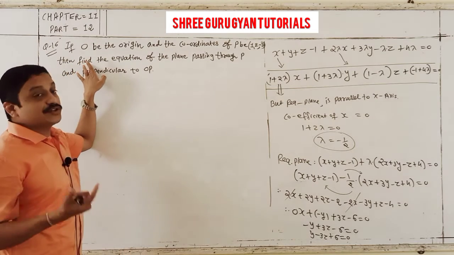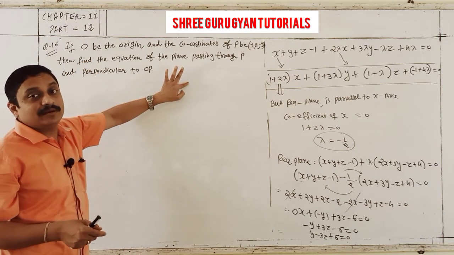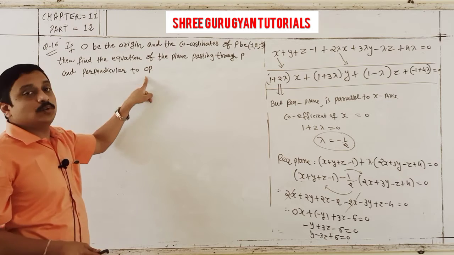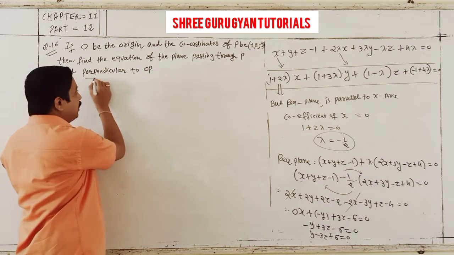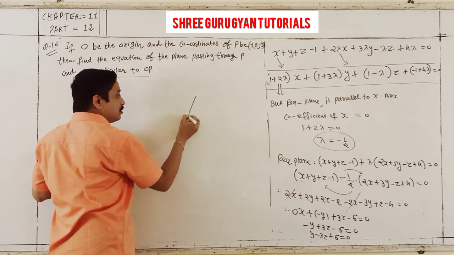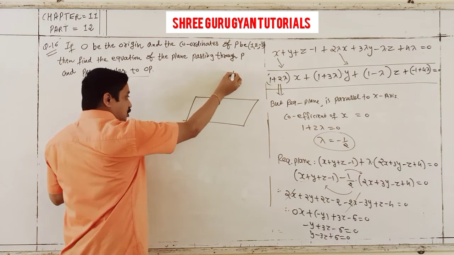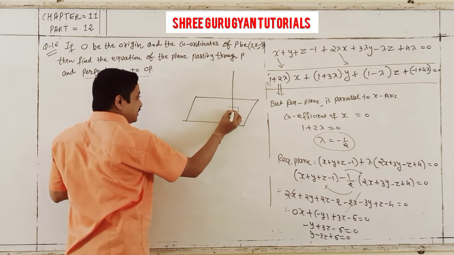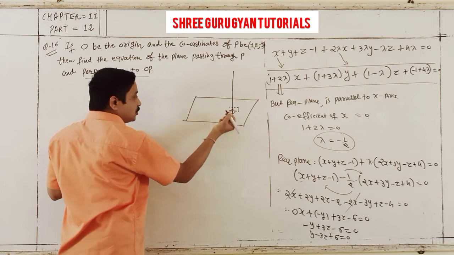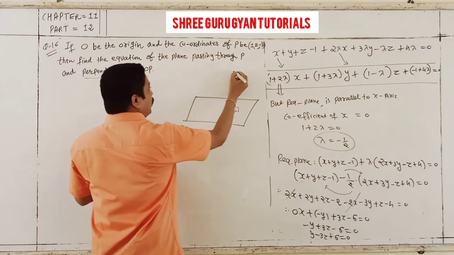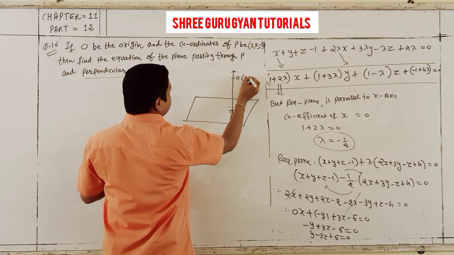Find the equation of the plane passing through P but perpendicular to OP. Perpendicular to OP means I just draw this as my required plane, perpendicular on it. P is here, a point it passes through, and O is here, our origin.